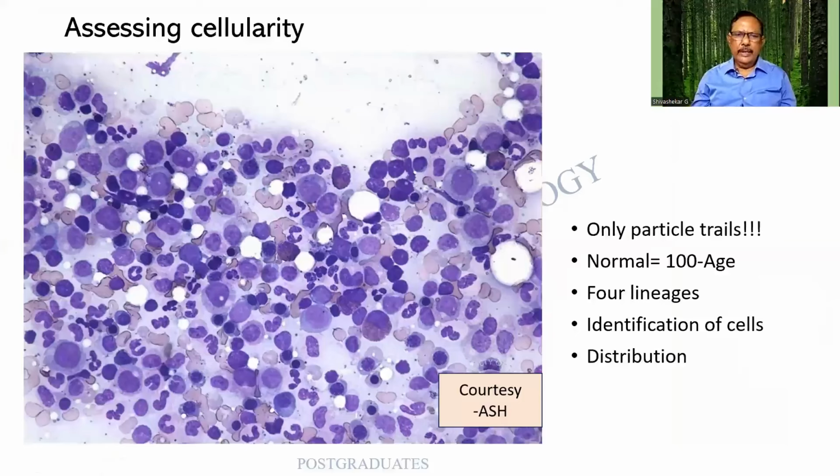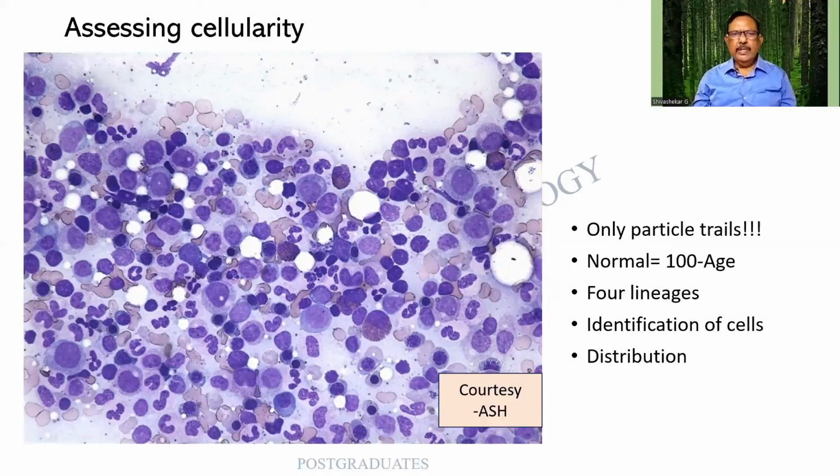Assessing the cellularity. As I told you people, you will have to follow the bone marrow particles and the cell trails, not the diluted cells that you find along with the peripheral blood. And always the dictum is normal is equal to 100 minus the age of the patient.